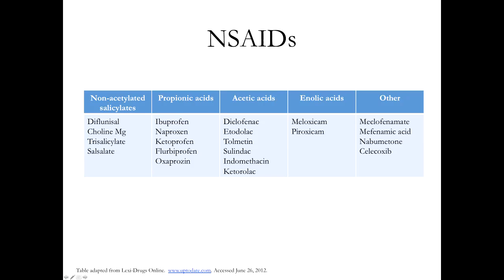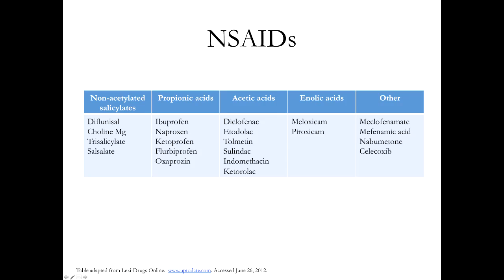One of the reasons that we like these drugs, especially in the hospice world, is they have very little effect on platelets. So much so that the American Heart Association has actually come out recently and recommended non-acetylated salicylates in patients that we think are going to be at relatively high risk for cardiovascular disease. The other thing I want to point out when we're looking at these 5 drug categories is that each of these should be almost considered its own separate drug class.